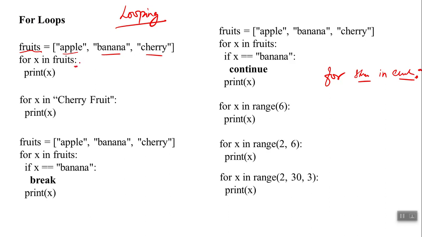What I am going to do is: for x in fruits, all the values in fruits will be printed. First x value will be apple, it will be printed, then it will go to banana, then cherry, and it will come out. This is what you do in a for loop.